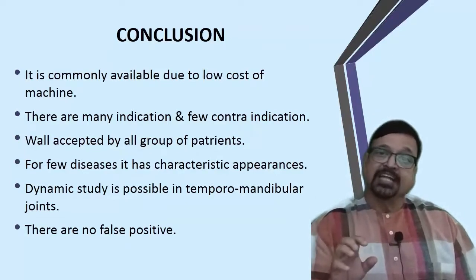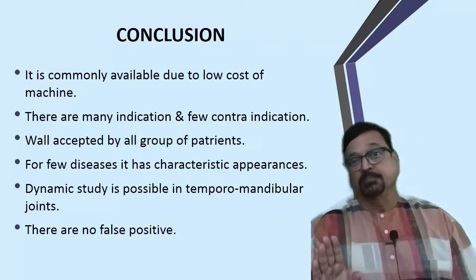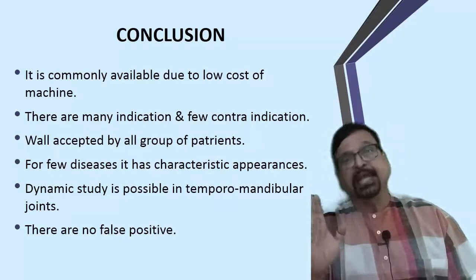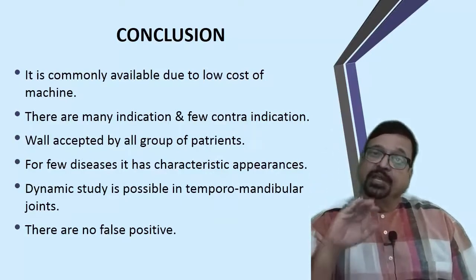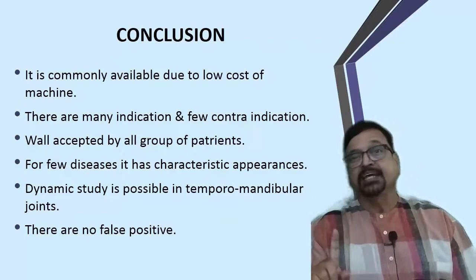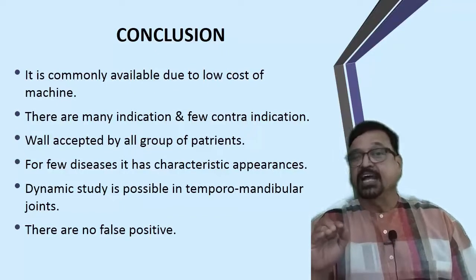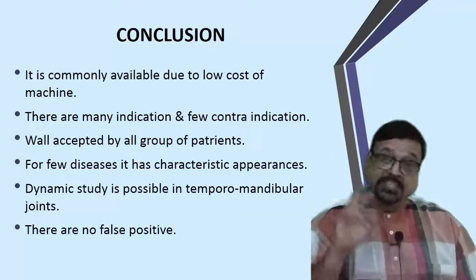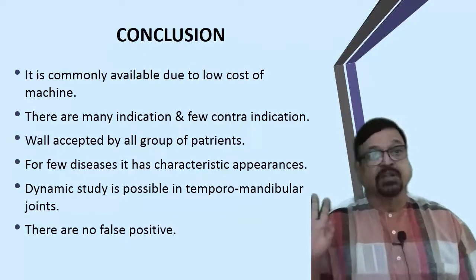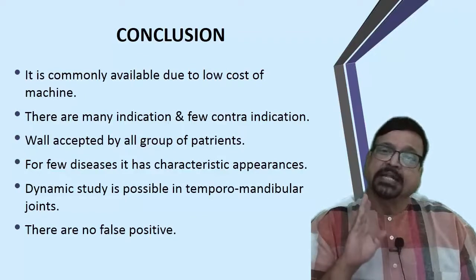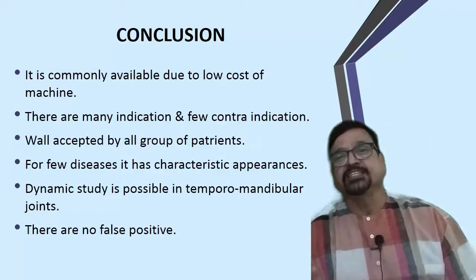It's a dynamic study as far as the TM joint is concerned, because OPG can image the TM joint on opening and on closure. It can better assess the articular margins, and it can also assess the neck of the mandible, which is otherwise difficult on plain radiography. There are practically no false positives with this test.